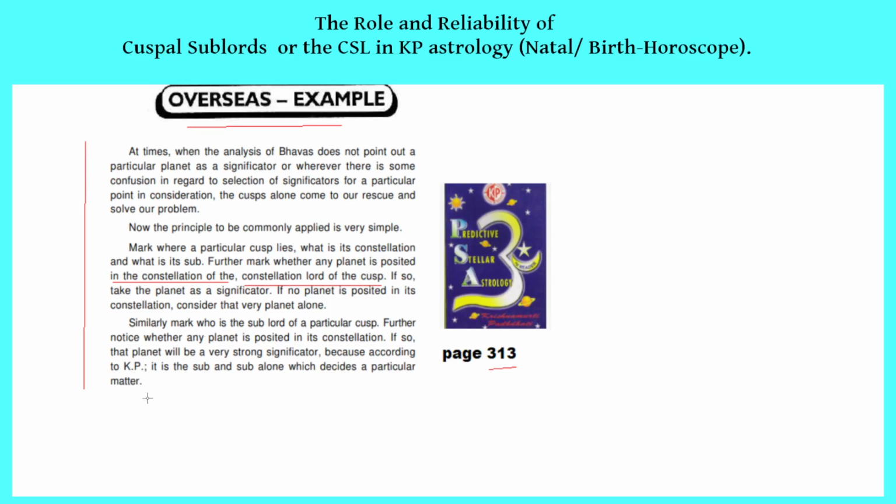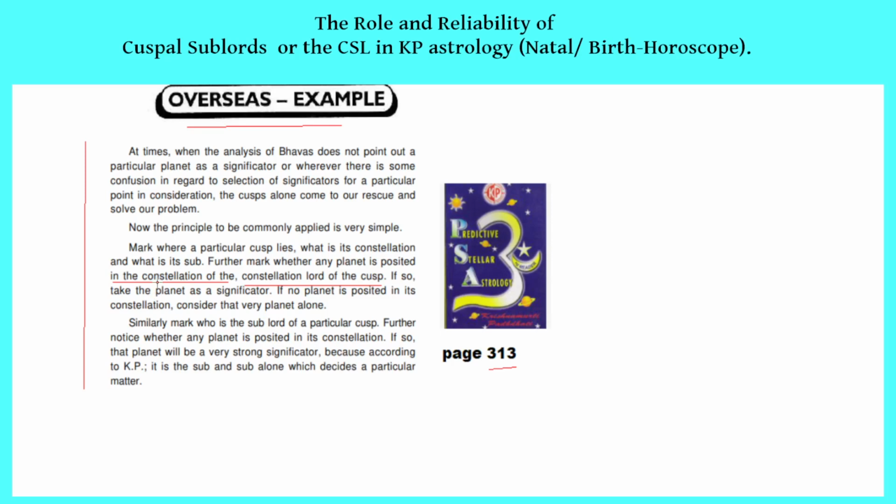My idea in identifying this particular passage is that we have seen that on the planet side we need to stretch the whole scope of signification just to figure out whether a particular thing is not promised. Now on top of it we have to take into consideration the constellation, the star lord on the cusp side, and then the cuspal sublord.